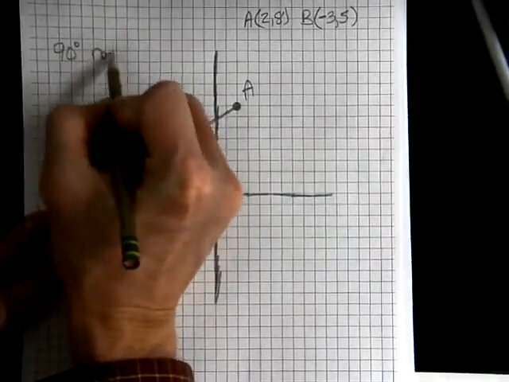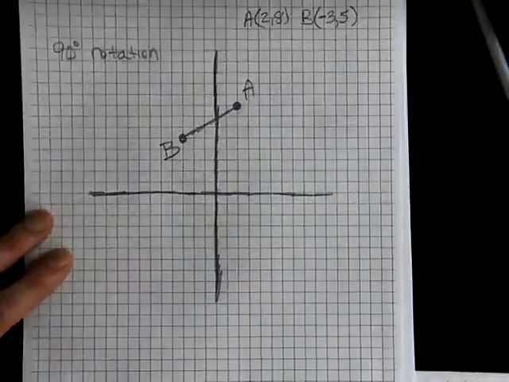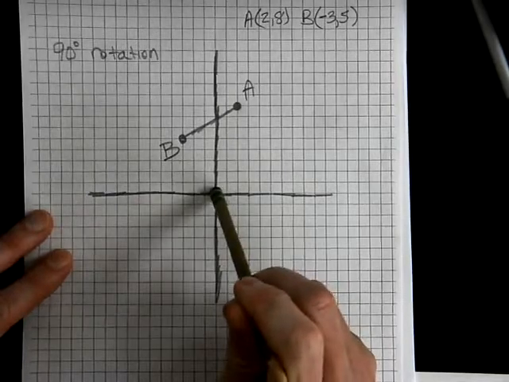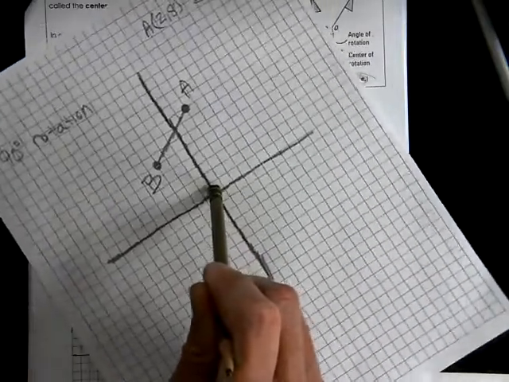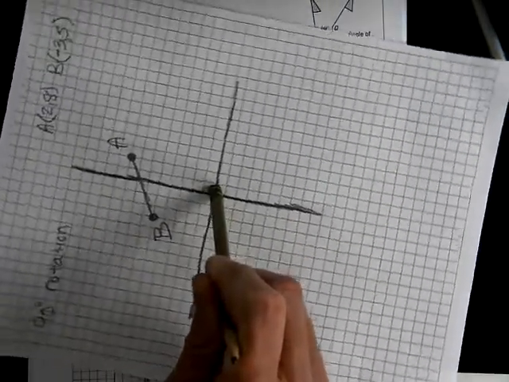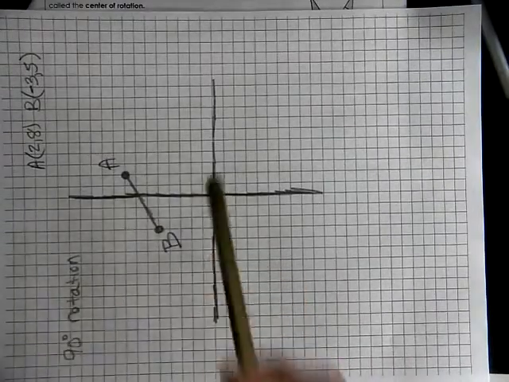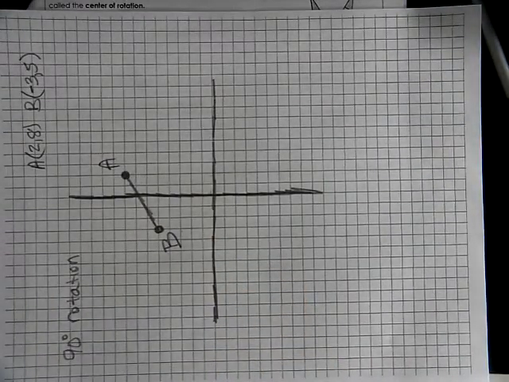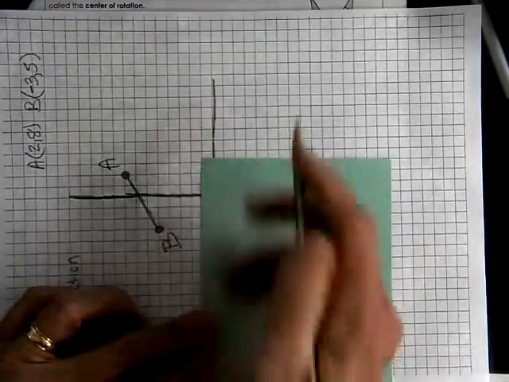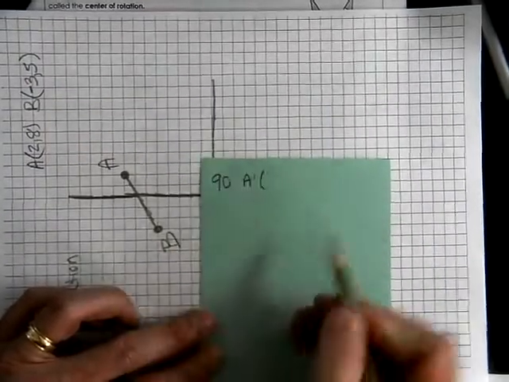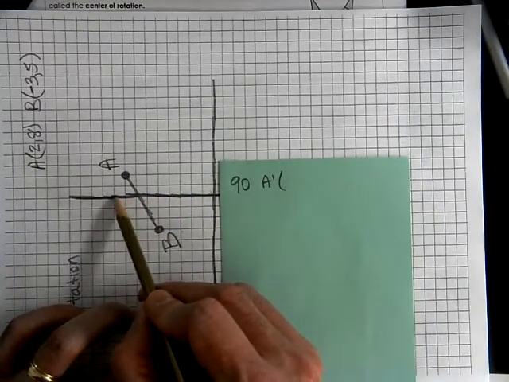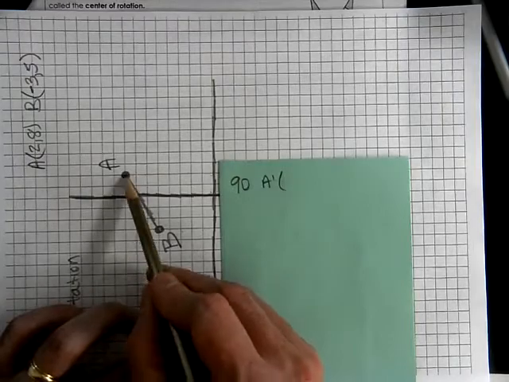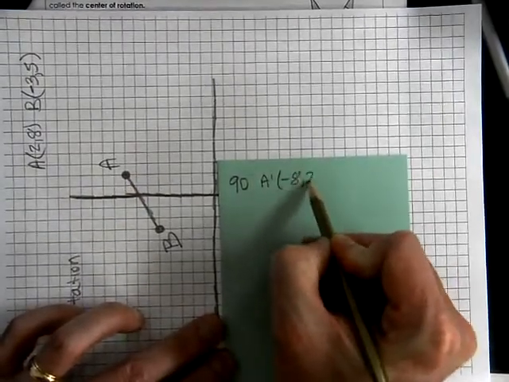One way we can do that is you put your finger down there at the origin and rotate your paper 90 degrees, and we keep track of what our new points are. 90 degrees is going to give us an A prime: 8 to the left and 2 up, so (-8, 2).